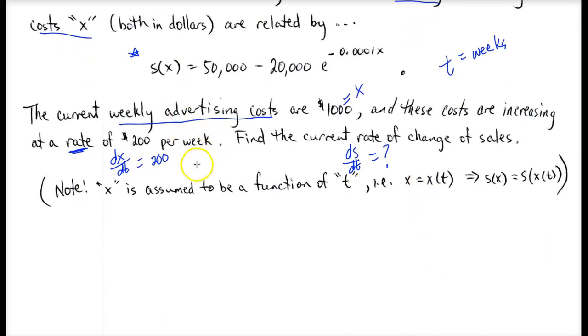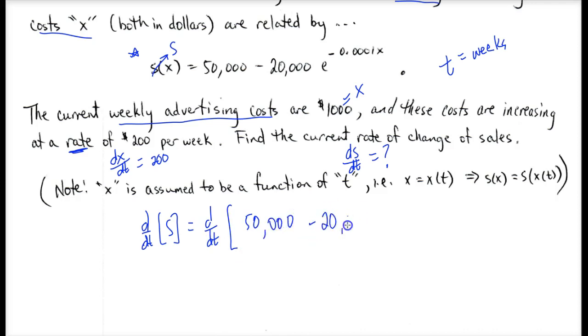The first thing that we need to do is look at our equation and take the derivative of both sides of our equation with respect to t. So I'm just going to rename this just S to make this simple. So we're going to say S, this is d over dt on this side, and here this is d over dt, and we are going to take the derivative of the right side here.